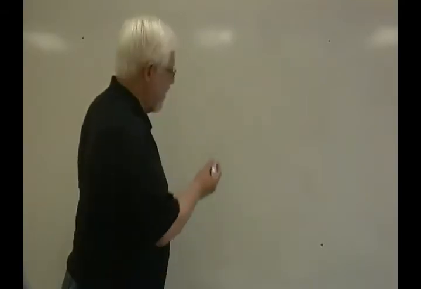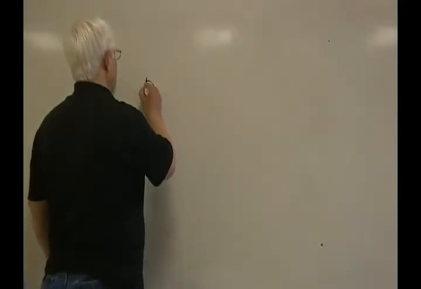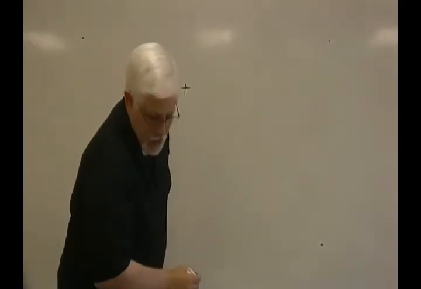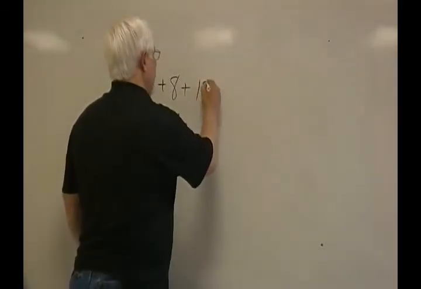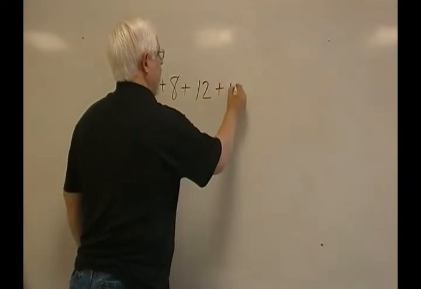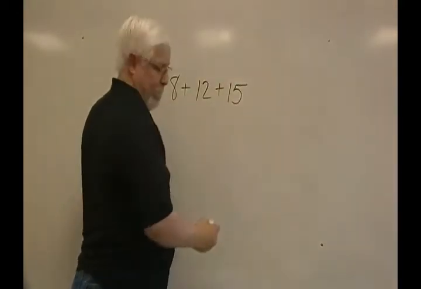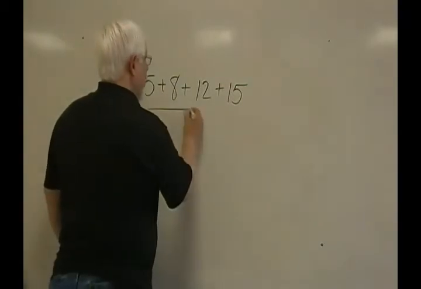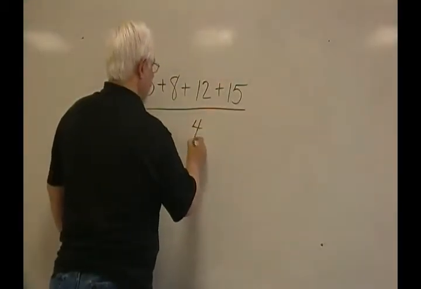We have 4 values, 5, 8, 12, and 15. And we have 4 of them, so we want to divide by 4.